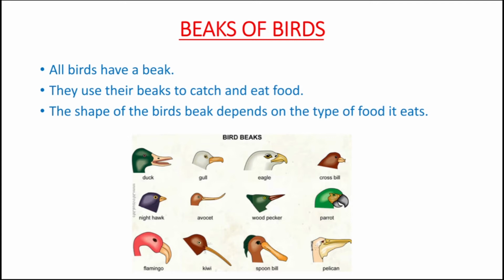See in the picture, there are so many birds here and they all have different types of beaks. You can see the duck, it has a broad beak, the eagle, a hooked beak, a flamingo, a hooked beak, and you can see the kiwi, long and pointed beak.